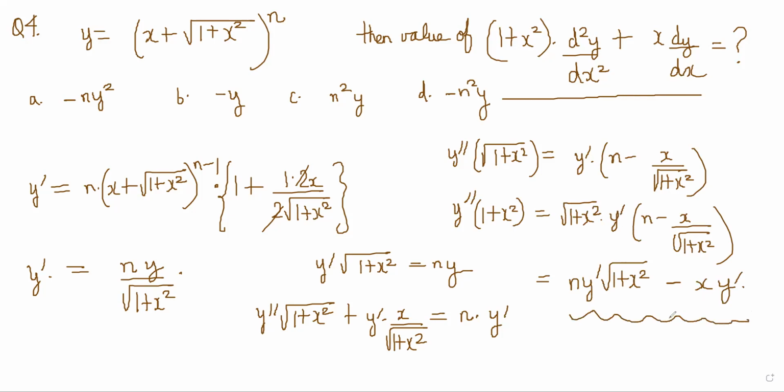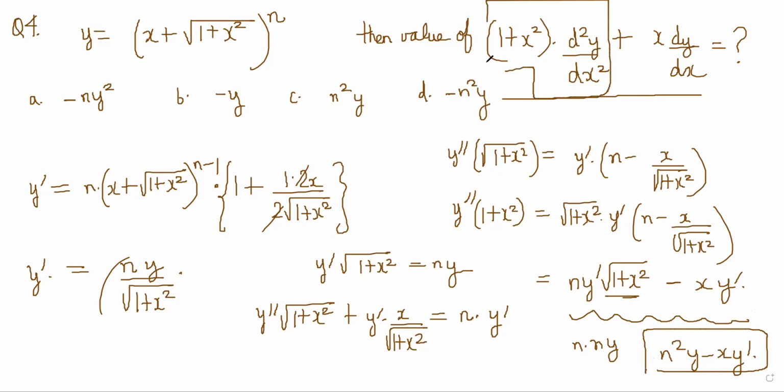And y dash is actually n y, so n into n y. This part cancels, so it is n square y minus x y dash, plus x y dash will cancel this, and the answer will be n square y. Yeah, it is coming.